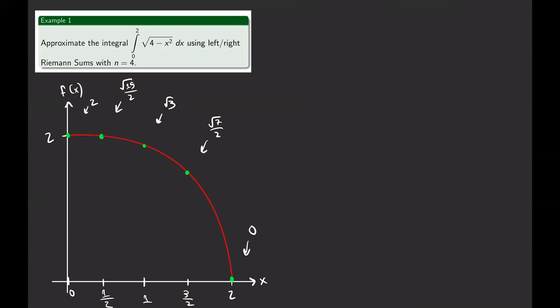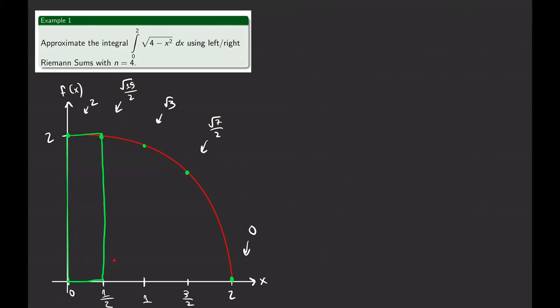Let's draw our rectangles and let's go ahead and just make them. So I'm going to start at 0 right down here, and I'm going to go up until I hit 2 right there, and then I'm going to go over until I hit the imaginary wall, and then I'm going to come down.